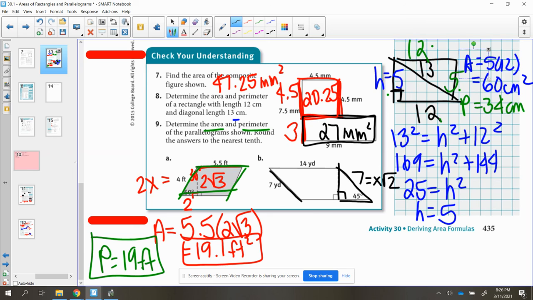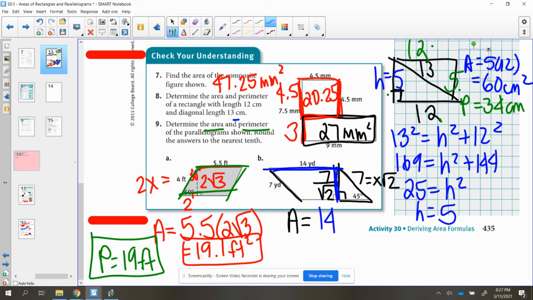AKA, to get one of our legs, we need to take 7 and divide it by the square root of 2. Okay, so the area on this one has a base of 14 and then a height of 7 divided by the square root of 2.